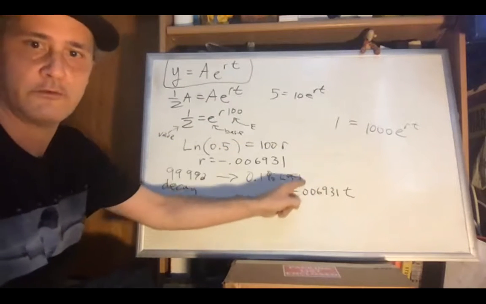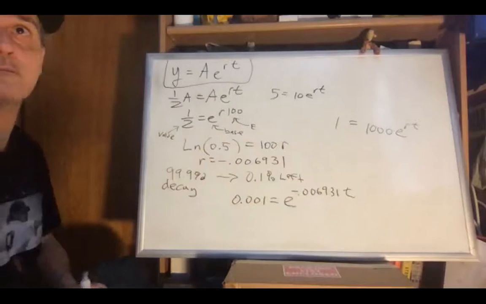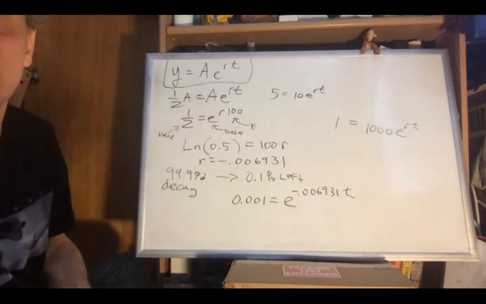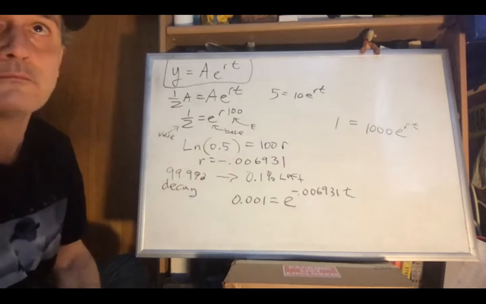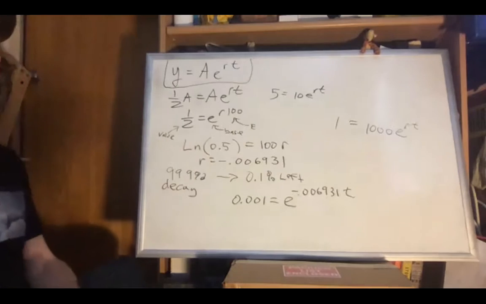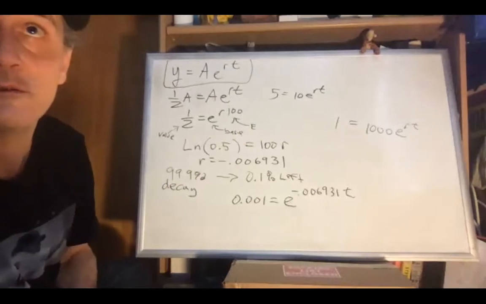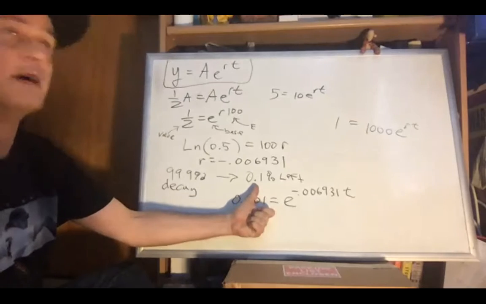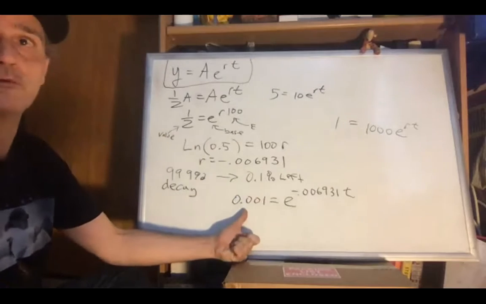And then the R is the same as the R we found earlier. That's correct, Joseph. 99.9% decay is why there's 0.1% left, which would be this decimal rate.